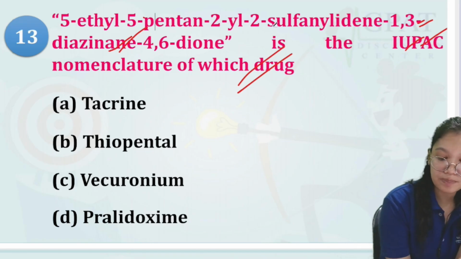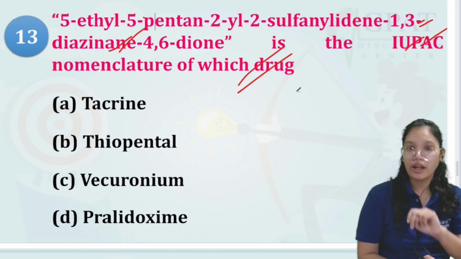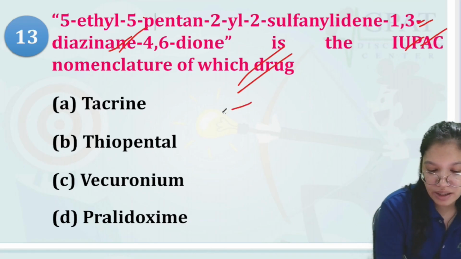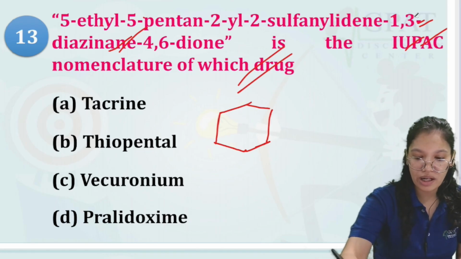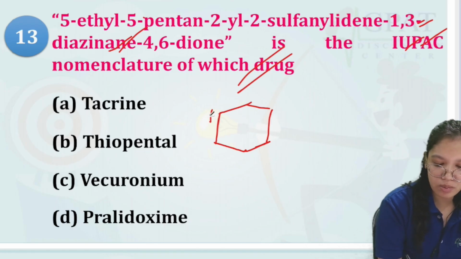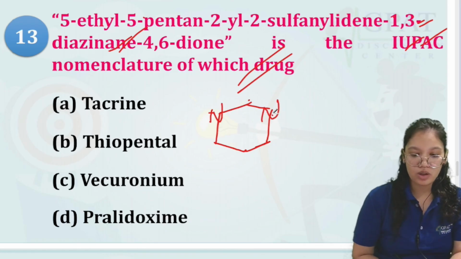It says 1,3-diazine. Diazine means a ring with 2 nitrogens. It will be a 6-membered ring with 2 nitrogens. At what position? 1 and 3. So let's say this is the 1 position, then 1, 2, 3. At 1 and 3 positions we have the 2 nitrogens.